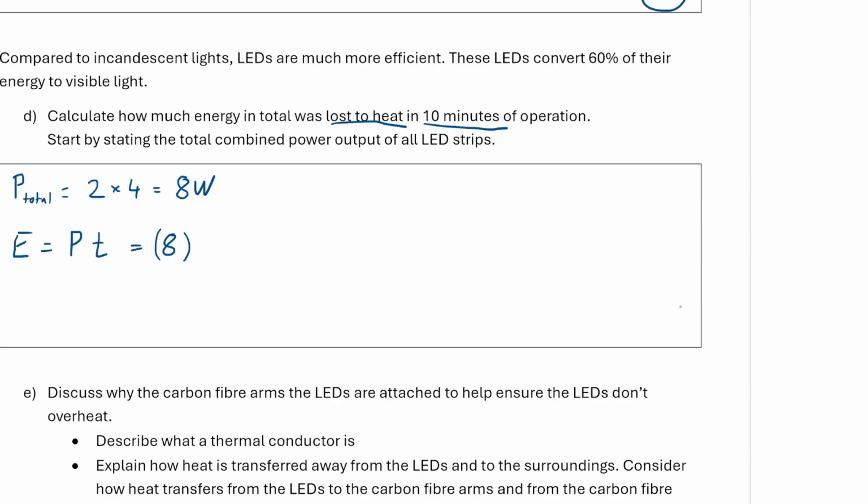Again, we need to convert this to seconds. So 10 minutes times 60 seconds gives 600 seconds. What's 8 times 6? That's 48, so 4,800. And what are the units for energy? Joules.